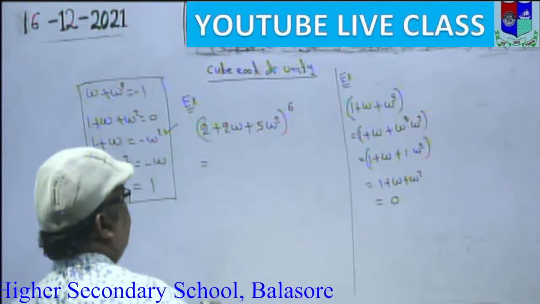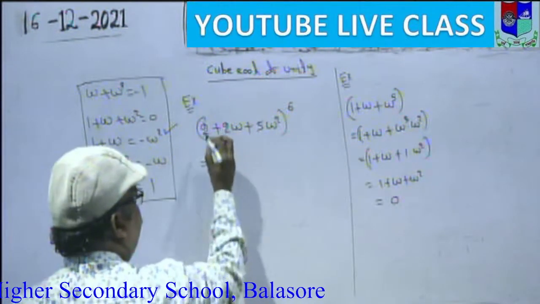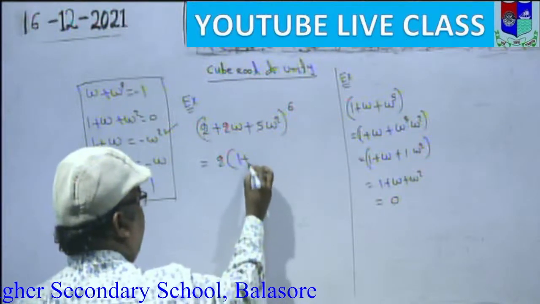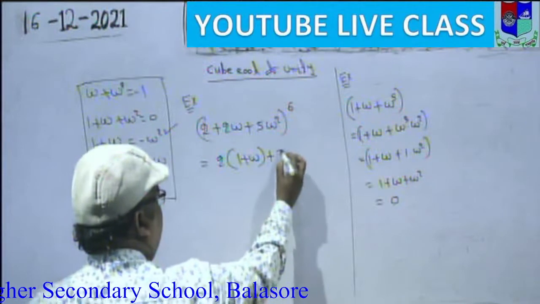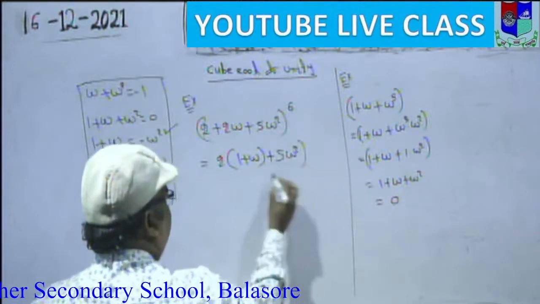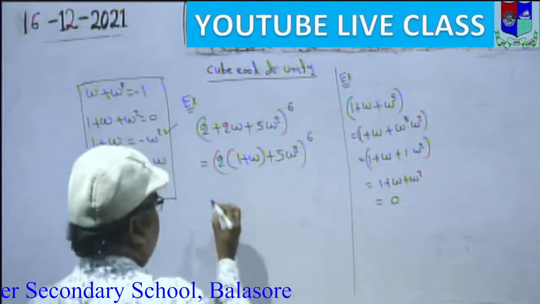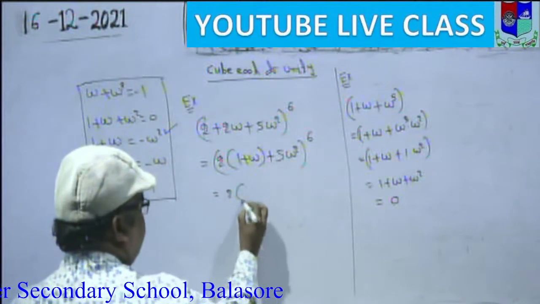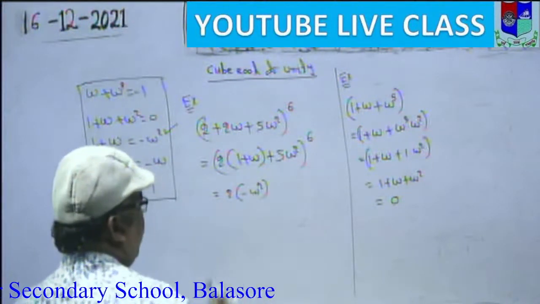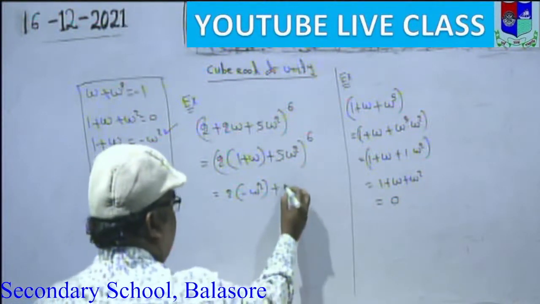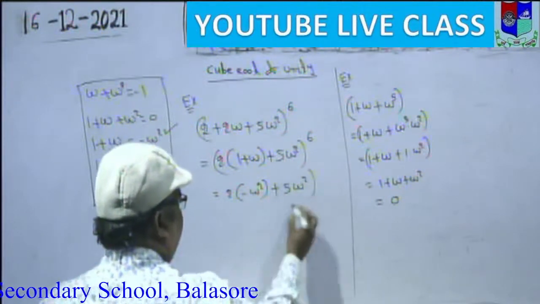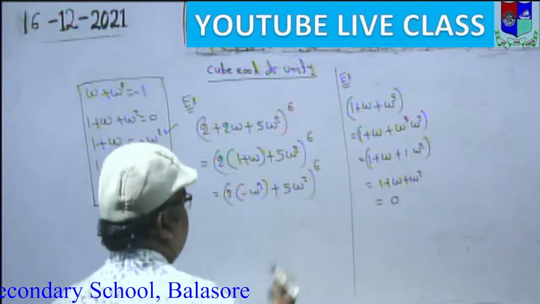Now taking these two common, it is 1 plus omega, plus 5 omega square, all to the power 6. Now it is minus omega square plus 5 omega square, to the power 6.